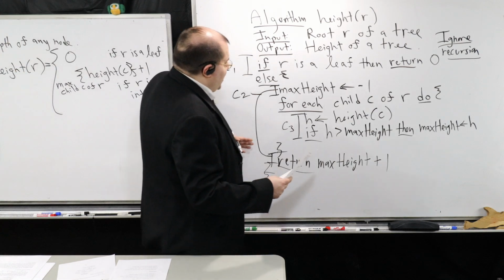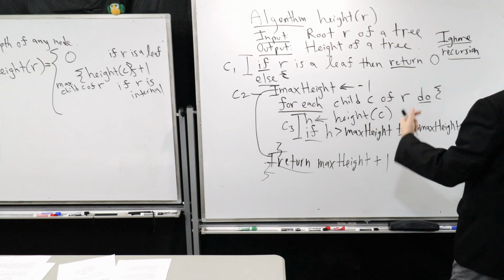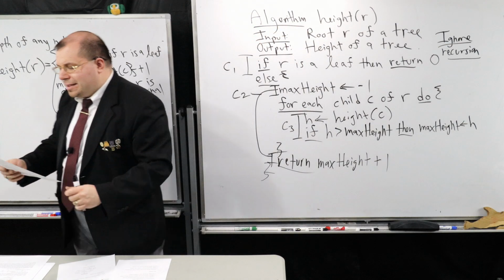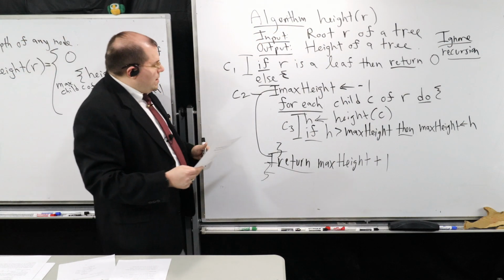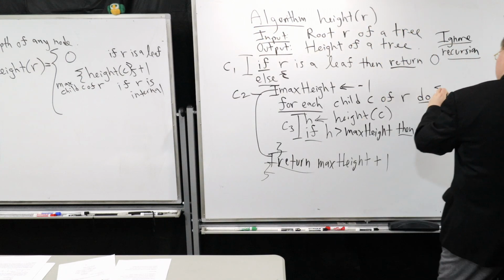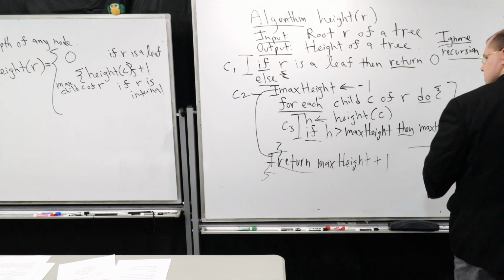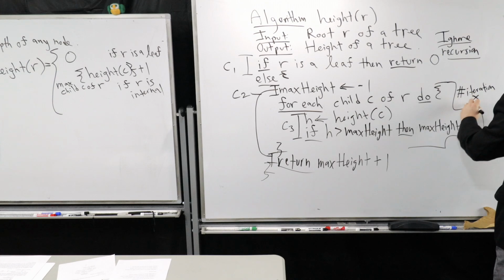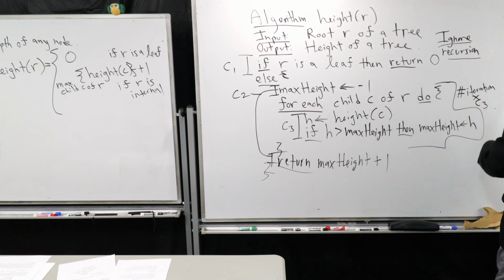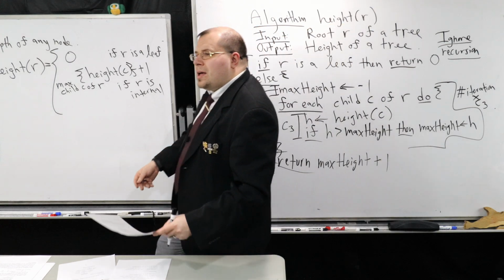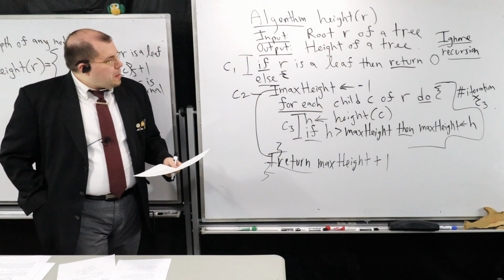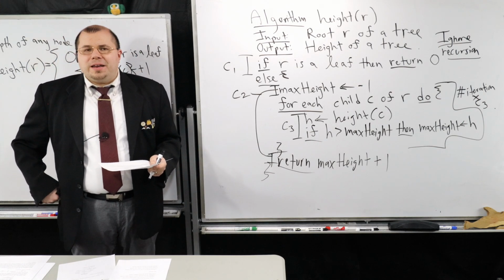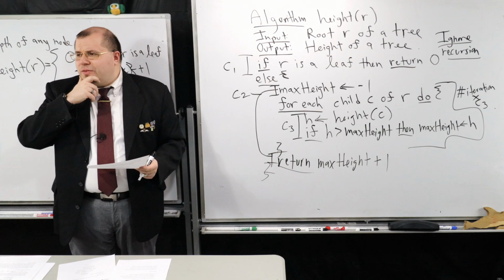So now the natural question is, what's going on here? Well, I have this loop here that goes through the children, right? So all of this is going to be the number of iterations of that loop times C3, right? Well, let's think about it. What would the number of iterations be? Any ideas what we could think of as the number of iterations here?